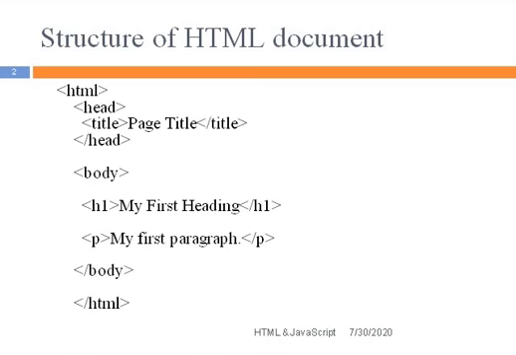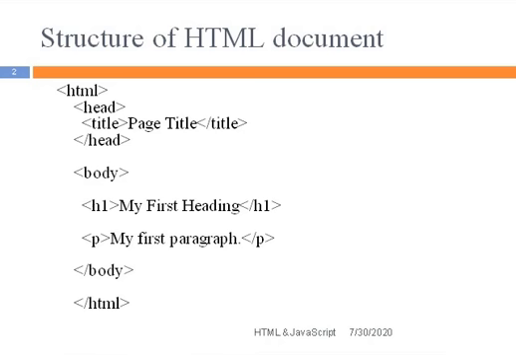The opening of the title tag is with the name title surrounded by angle brackets, and the closing of the title tag is with a slash and the title surrounded by angle brackets, and between that we have written page title. So this page title will appear on the uppermost corner of your web page.